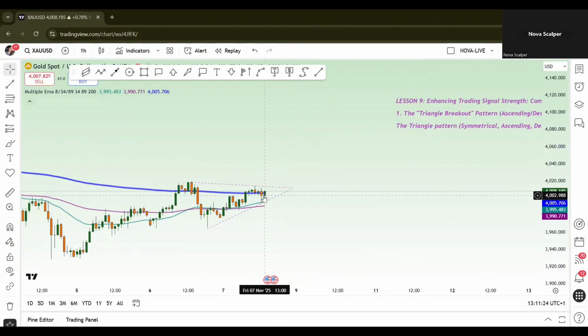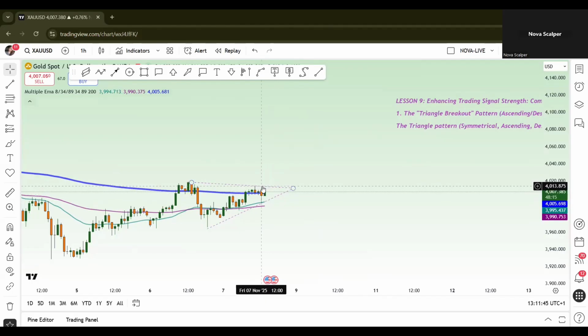At least the current candlestick should break out from the 4013 level.